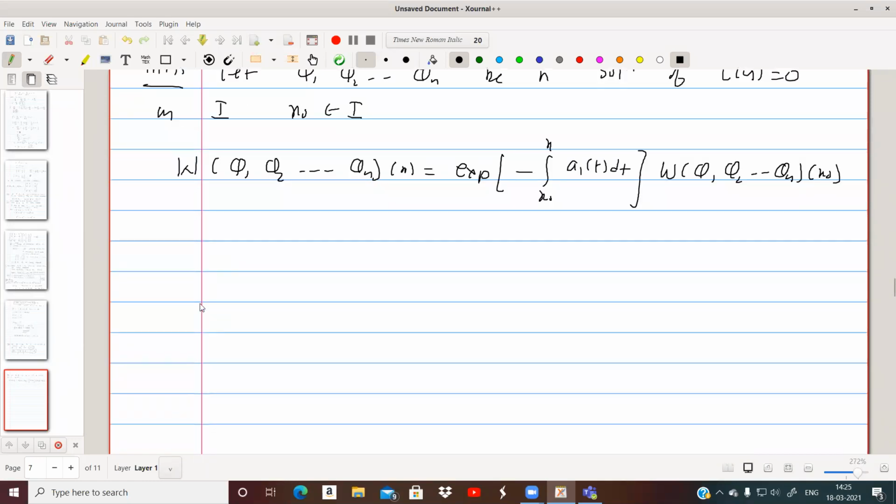And the important corollary on this; next time we will have an example on that.